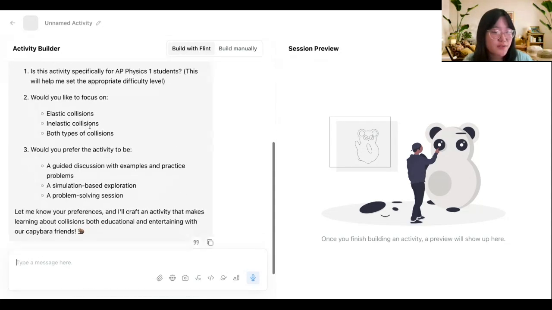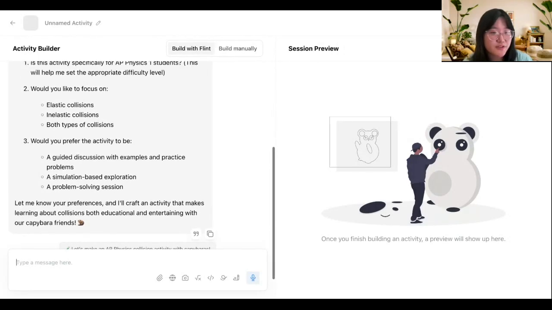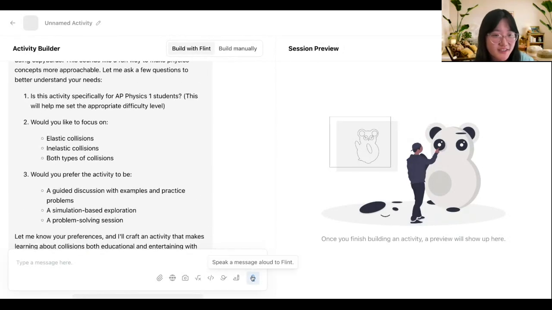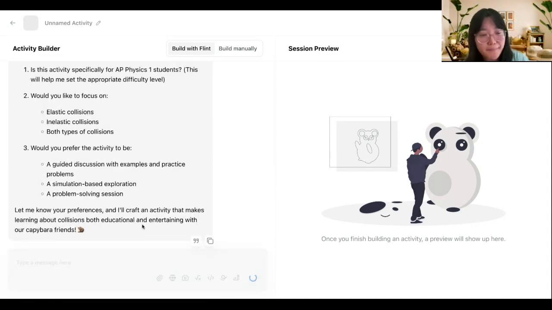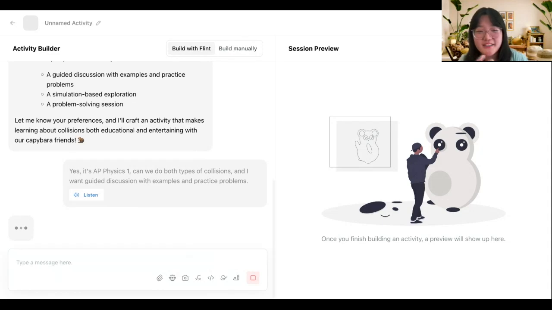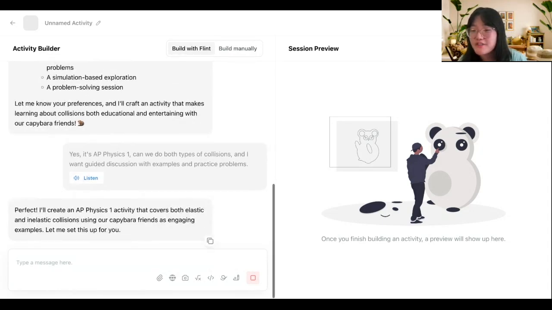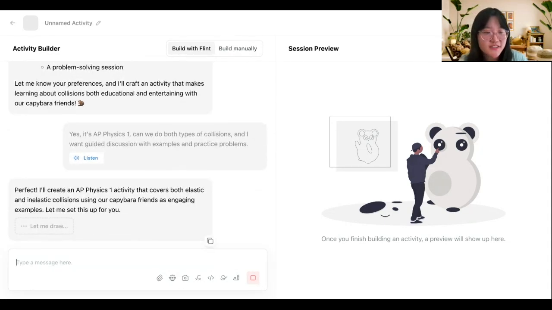So it's going to similarly ask me for some clarifying context. Yes, it's AP Physics 1. Can we do both types of collisions? And I want guided discussion with examples and practice problems. Flint is really acting as a guide for both teachers and students when they want to create these activities.